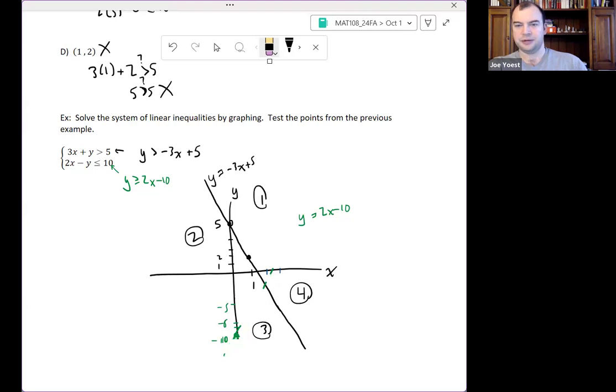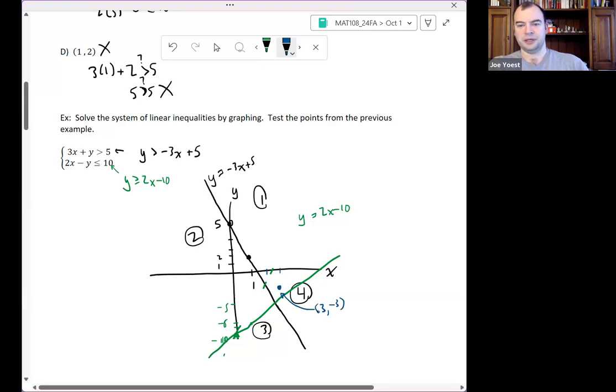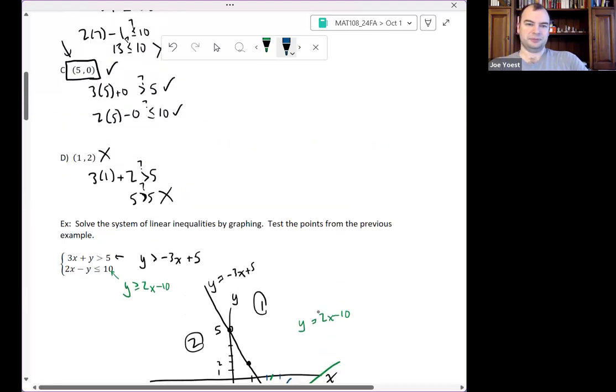Let me adjust my picture here. This is just from slight inaccuracy of me drawing it. So this is 3 comma negative 3. And this was a solution.